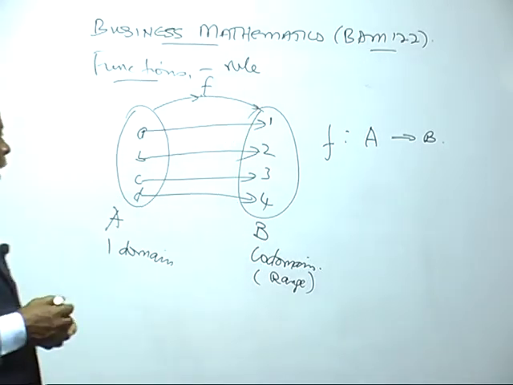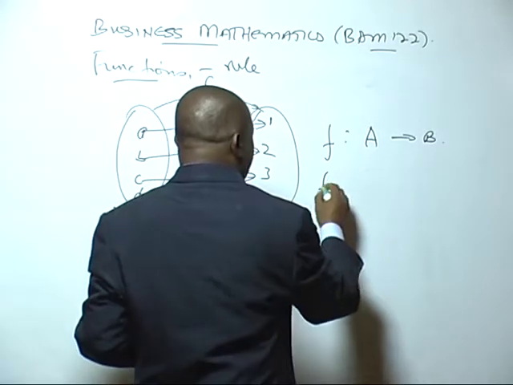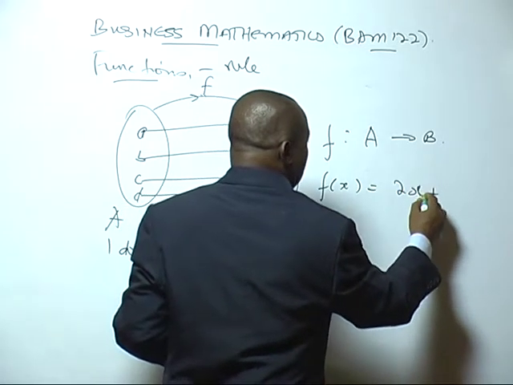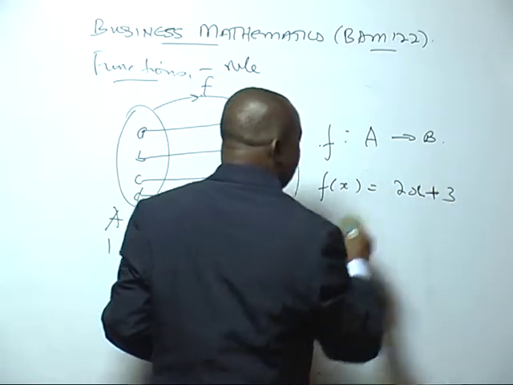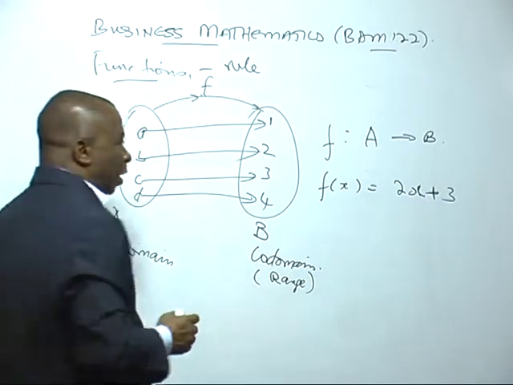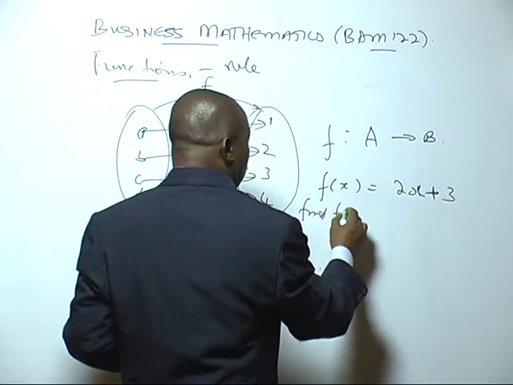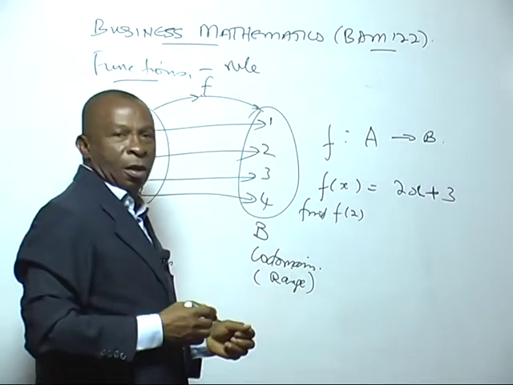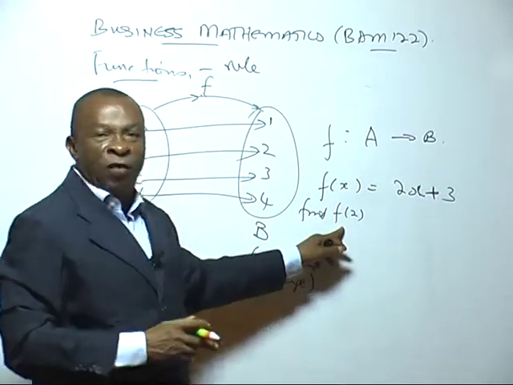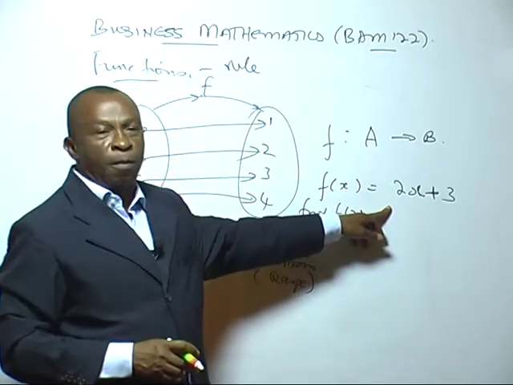Now, explicitly, if f of x equals 2x plus 3, and we want to find, say, f of 2, that means we are substituting the value of x equals 2 in the given function.